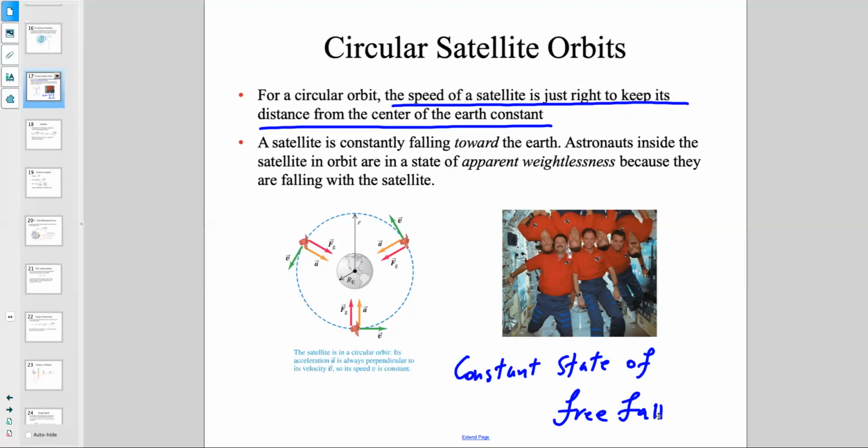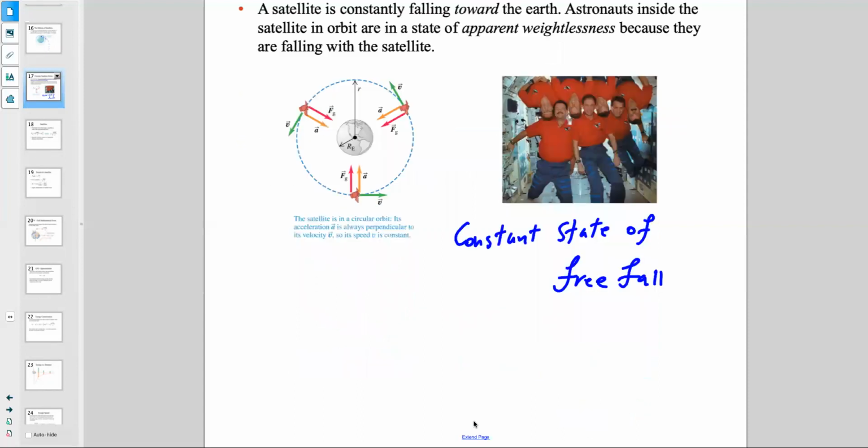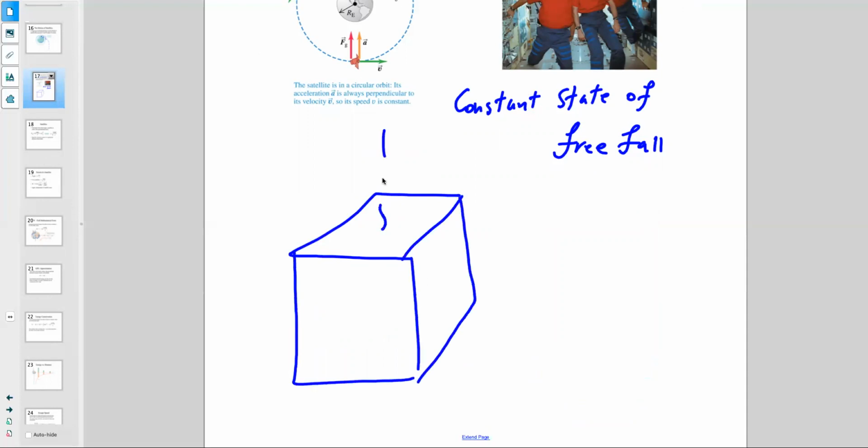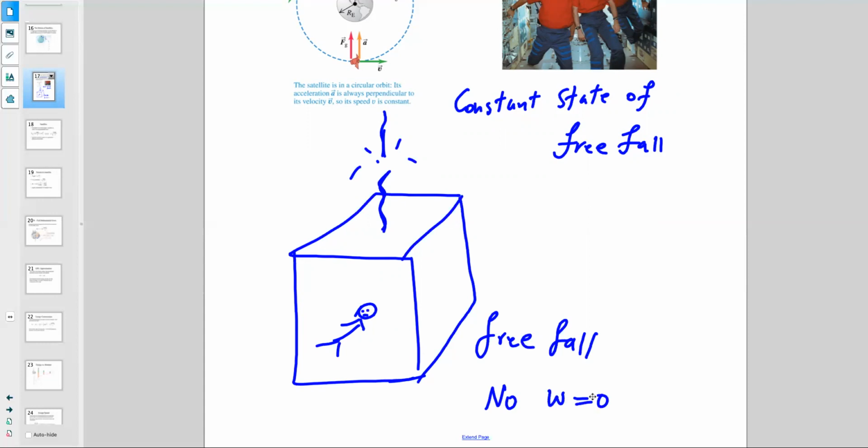Just like a guy in an elevator when the elevator cable is cut, he will feel that he does not have any weight, because he is in a state of free fall. In free fall, you feel no weight. So the W should be 0.